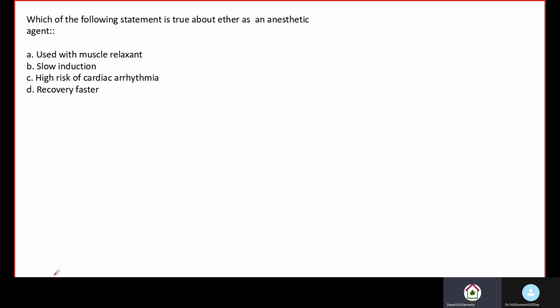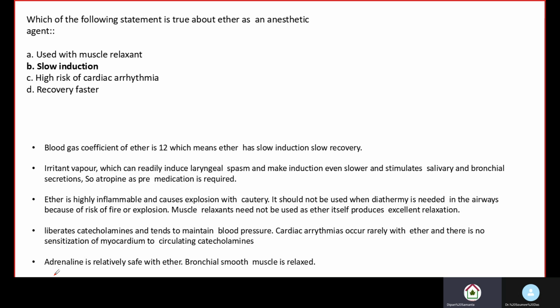Next question. Which of the following statements is true about ether as an anesthetic agent? Used with muscle relaxant, slow induction, high risk of cardiac arrhythmia, faster recovery. The answer will be slow induction.